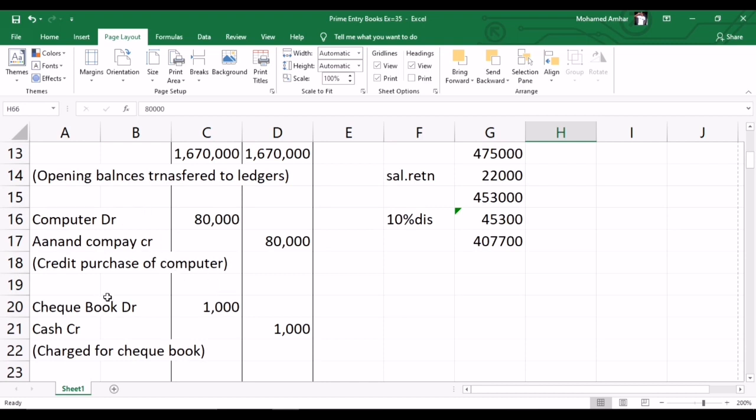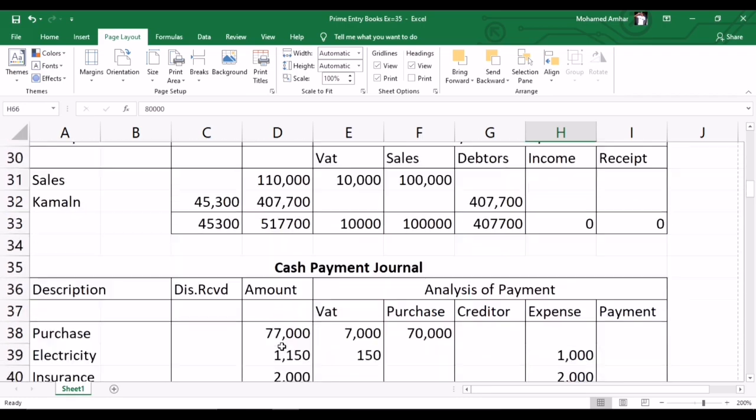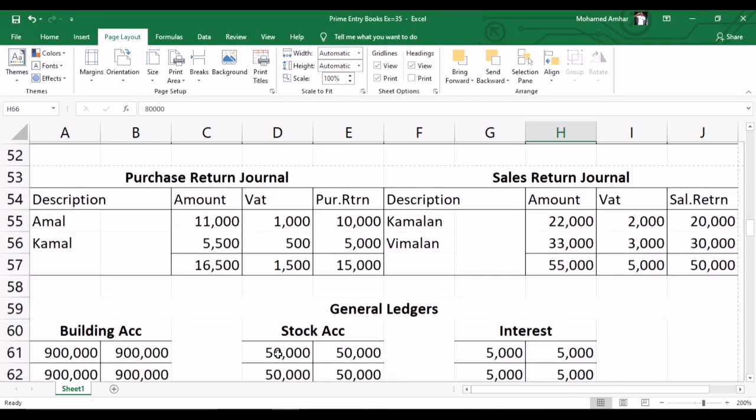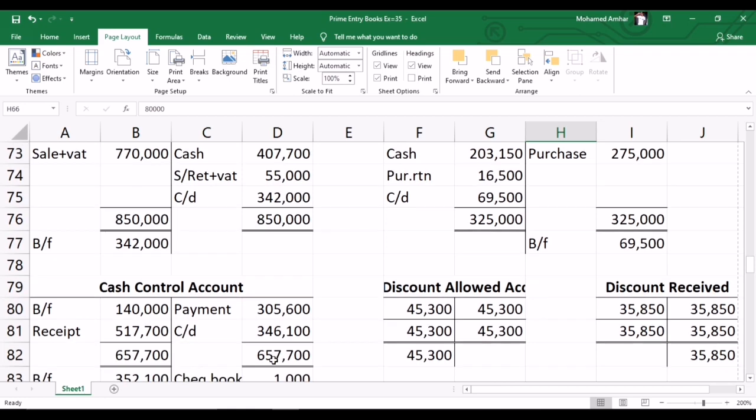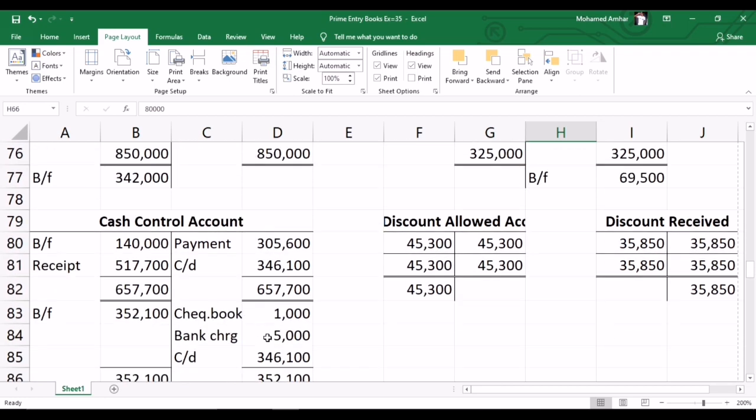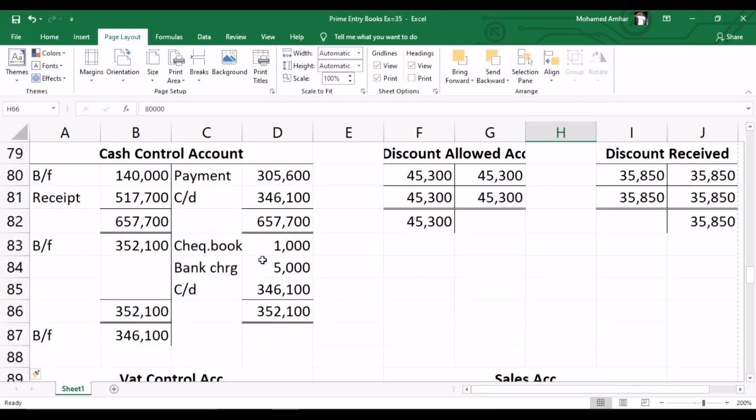Then checkbook account should be debited, cash account should be credited. Here cash account credited, here 1,000.